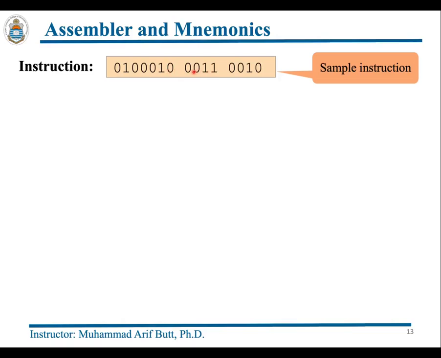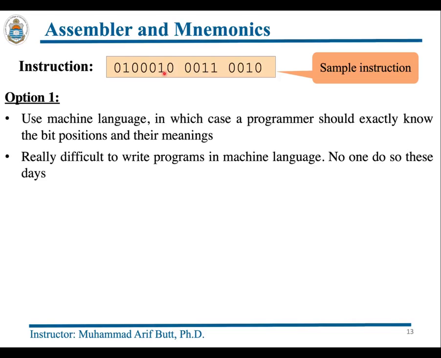And if not impossible, it is really difficult to write programs like a web server or a web browser or any other big application in machine language, where we would need to write hundreds and thousands of instructions like these. And dear students, of course, no one does so these days. These days, programs are not written in machine language.